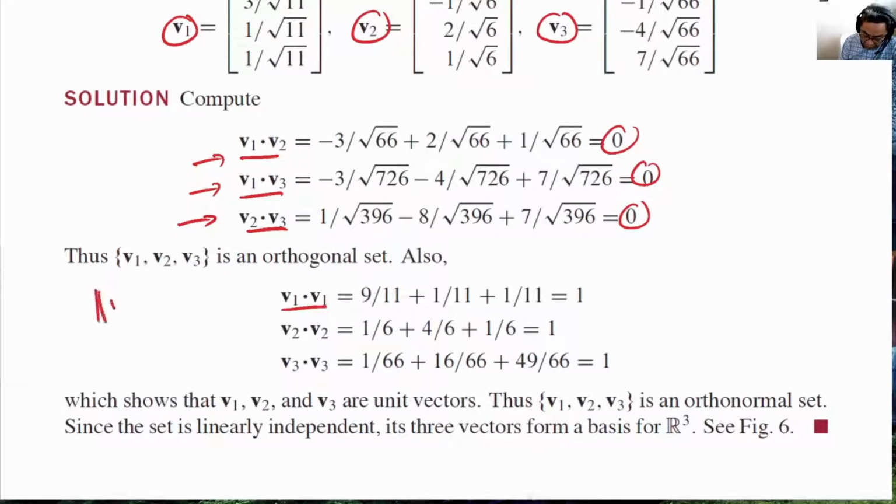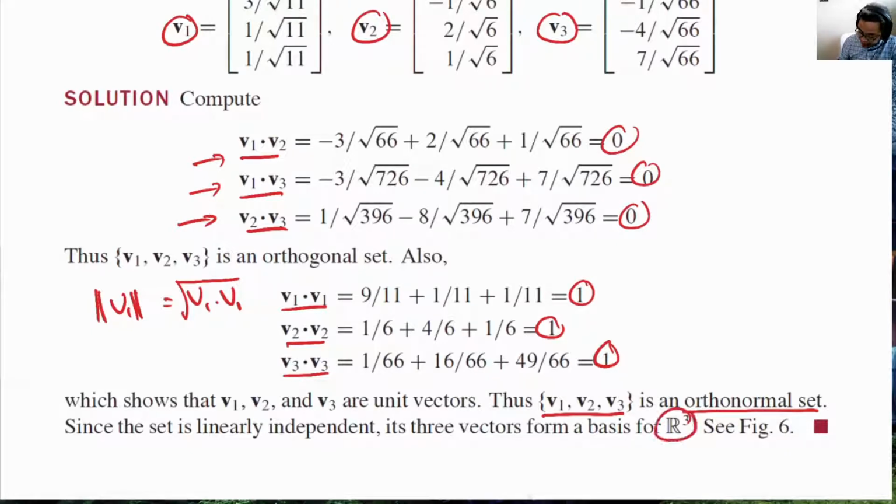The length of v1 is the square root of v1 dot v1. In this example, v1 dot v1 is equal to 1. The square root of 1 is 1, so the length is 1. Same with v2 and v3, and therefore v1, v2, v3 is an orthonormal set spanning R3. Therefore, they are an orthonormal basis for R3.